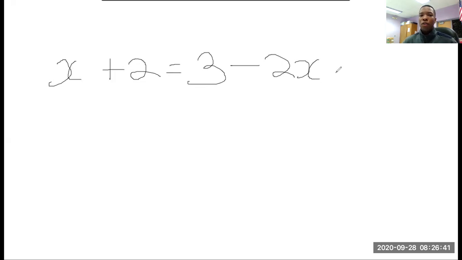All right, so the goal of this is to get all the x's over here on the left side. I want all my x's on that side, and then I'm going to get everything else on the other side. So this 2 right here needs to go. Just like how I would minus if it was a one-step equation, and I'm trying to find x, I have to get rid of this 2. It's the same way, so I'm going to minus 2.